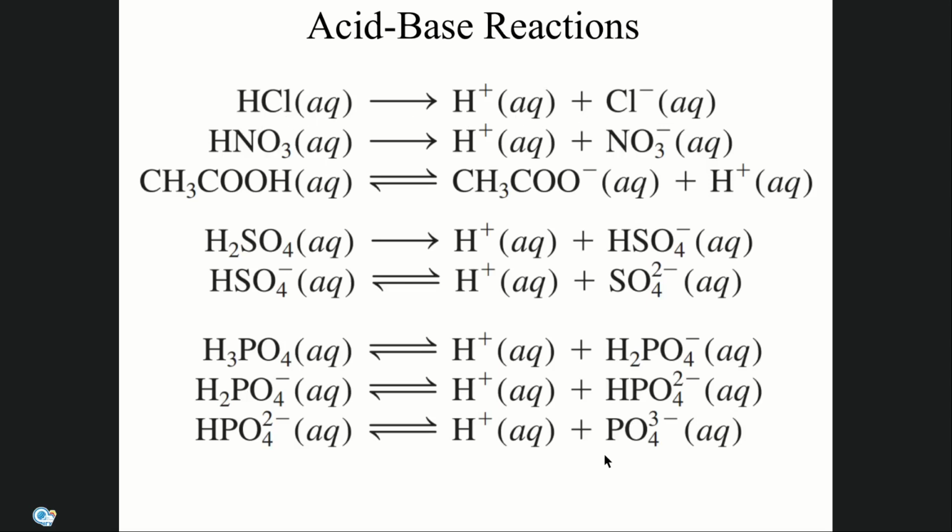Acids commonly used in the laboratory include hydrochloric acid, nitric acid, also in this slide acetic acid, sulfuric acid, phosphoric acid, and other acids. The first three are monoprotic acids: hydrochloric, nitric, and acetic acids.